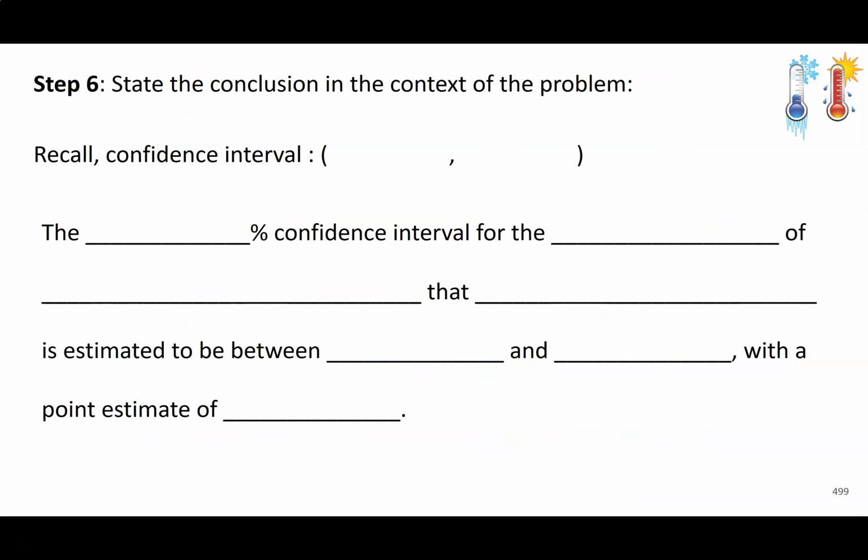Okay, so now we want to do our write-up for our confidence interval. I'm just going to write it again so I can remember exactly what it is here. So it's a 90% confidence interval, and do note it's set up a tiny bit differently. The 90% confidence interval for the proportion instead of mean.